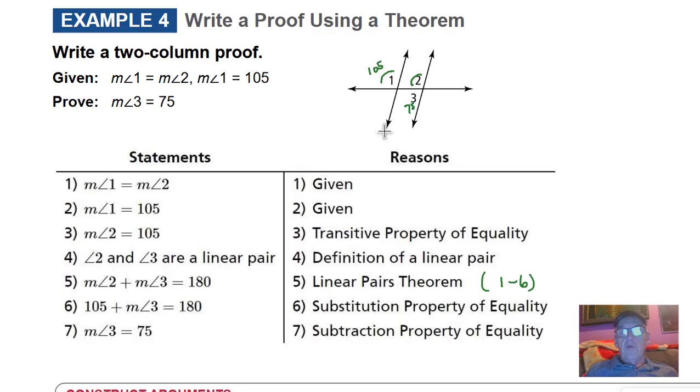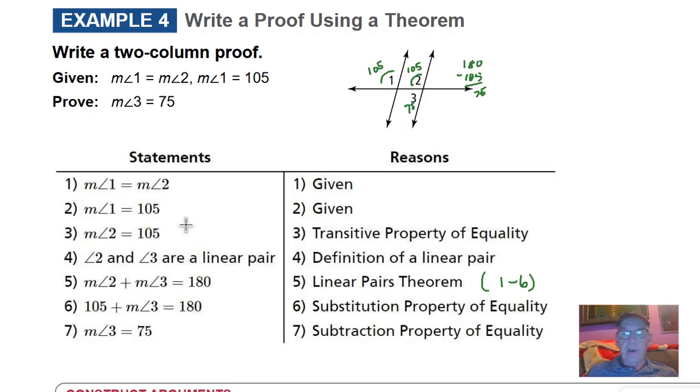Since angle 1 is congruent to, is equal to, angle 2, we know that angle 2 must be 105 degrees. And since angle 2 and angle 3 are a linear pair, they must add to 180 degrees. So angle 3 must be 180 take away 105, which gives us 75 degrees. So that's the reasoning that's going to be brought out in this proof.